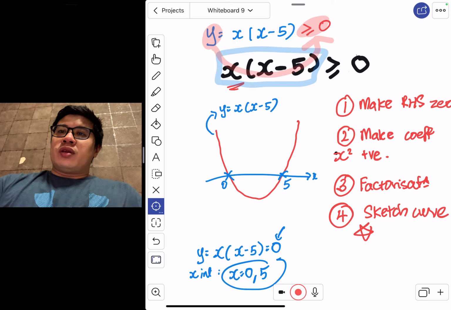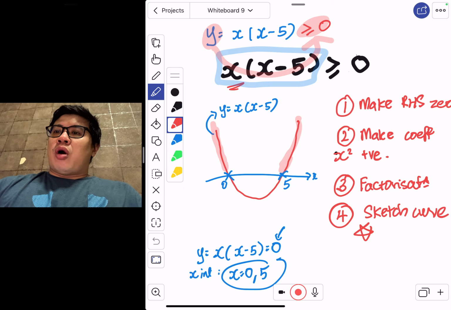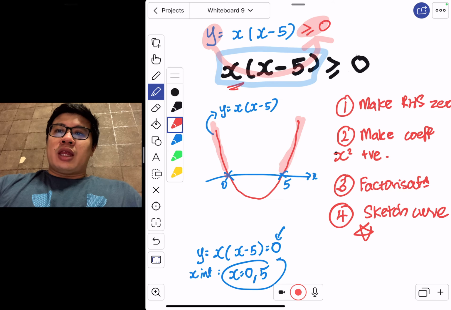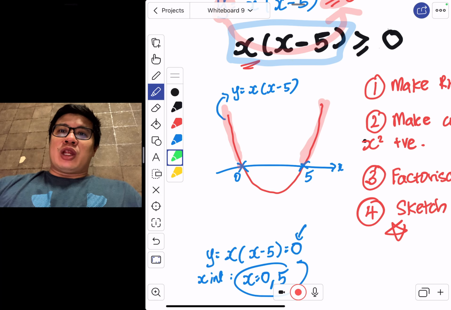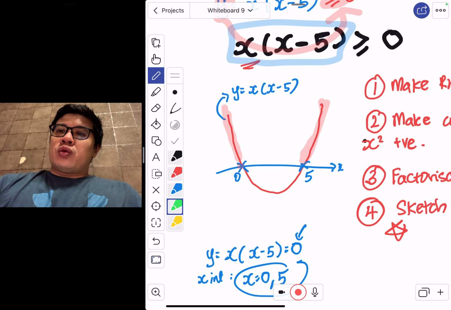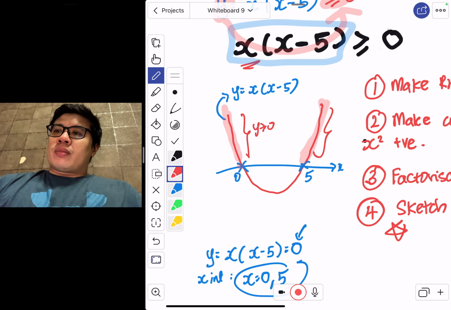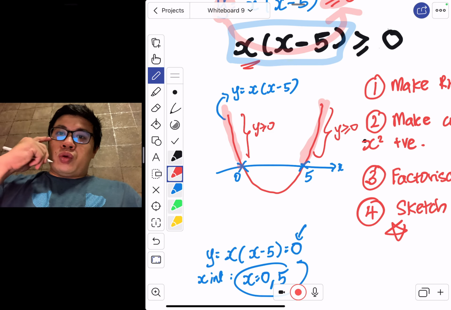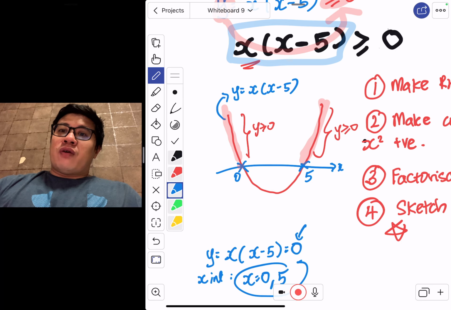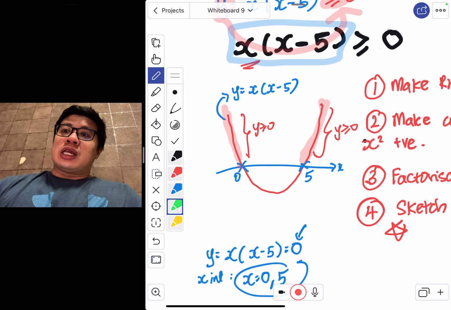This portion over here is the region with all the y values positive or equal to 0. And what we want to extract is the corresponding x values that give you this region.